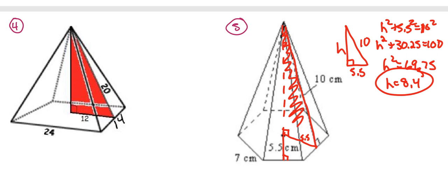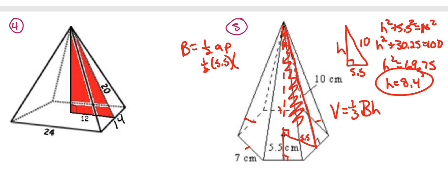Now we can find the volume. The volume is 1/3 capital B H. That capital B again means area of the base. I can do it over here if you would like. It's 1/2 the apothem times the perimeter. So that's 1/2, the apothem is 5.5, the perimeter is going to be 42. It has 6 sides, they're all 7, so that's 42. So that's 21 times 5.5.